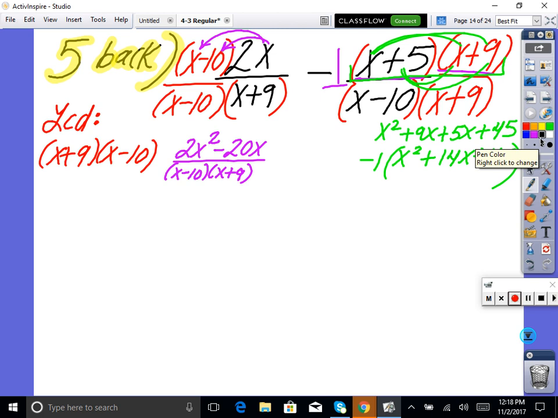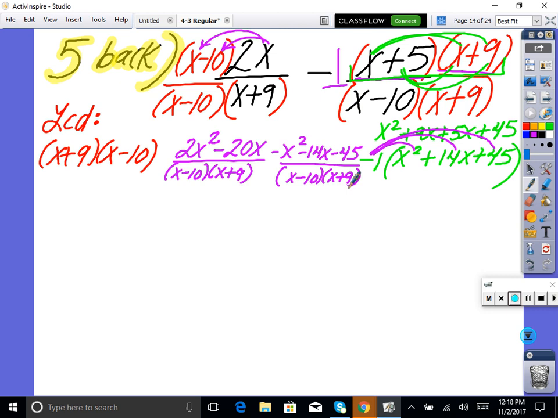And now I'm going to go ahead and rewrite right here what we get. So negative 1 times x squared, negative x squared, right? Negative 1 times positive 14x, yeah, minus 14x. Negative 1 times positive 45, negative 45. And that was all over x minus 10, x plus 9.